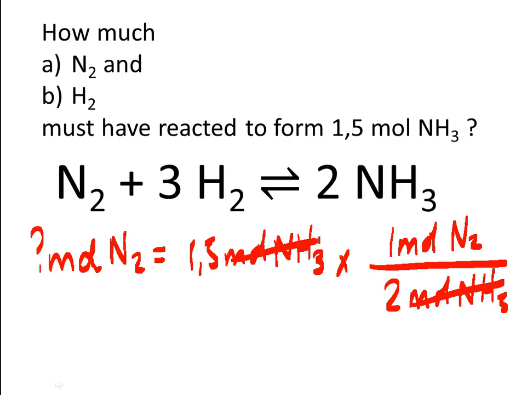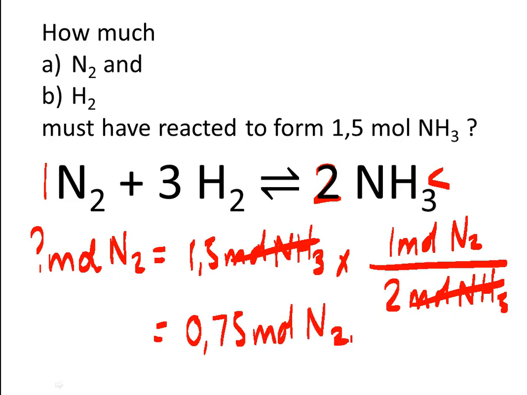Mole nitrogen needs to be at the top of our conversion factor to introduce the required unit. This ratio comes from the balanced equation: 1 mole nitrogen for every 2 mole ammonia. 1,5 divided by 2 is 0,75 moles of nitrogen that must have reacted to produce these 1,5 moles of ammonia.